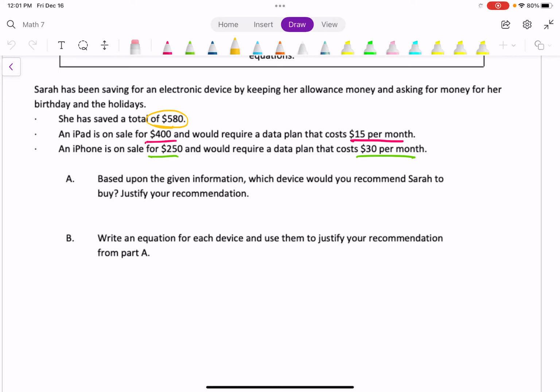my 580, I have 400 plus 15 per month, and I can only spend 580, or 250 plus 30 per month, and I can only spend 580. So if I solve each of these, for the pink one, for the iPad, oh, I'm going to write my equations down here because B wants us to write them anyway.